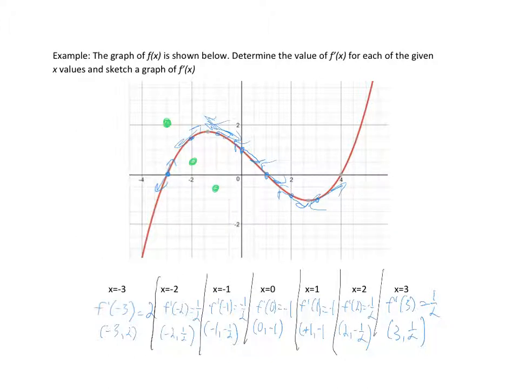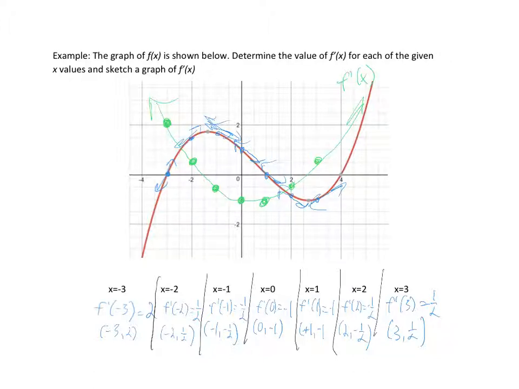At 0, we guessed it was -1. At +1, we guessed it was still -1. At 2, negative 1/2. And at 3, we guessed it was positive 1/2. And so if you connect those with a smooth curve, this would be the graph of f prime of x.